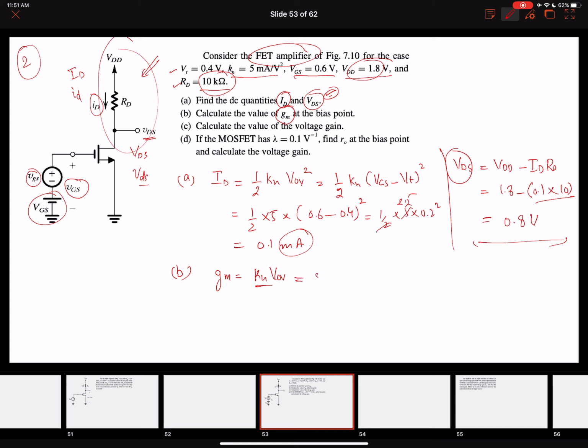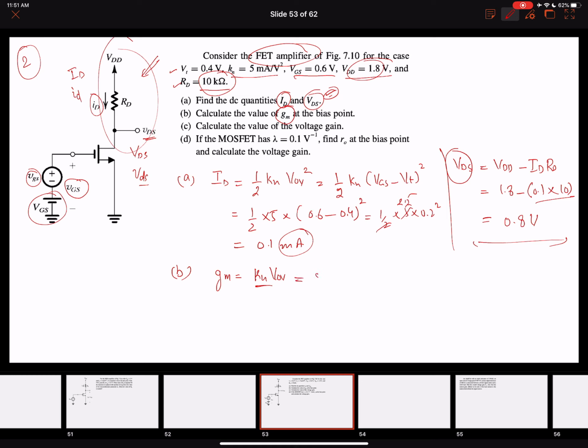Okay, and what do we need to find out? We need to find out the value of R naught at the bias point and the value of the new voltage gain, now considering the lambda value or the channel length modulation effect as well.